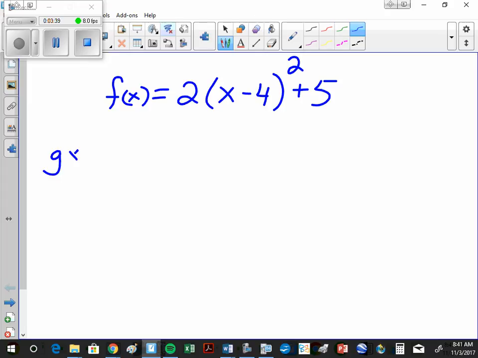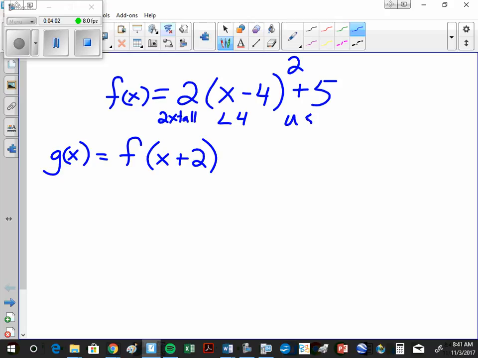Well, if g of x is f of x plus 2, what is the equation for g? Well, this graph is left 4, 2 times as tall, and up 5.